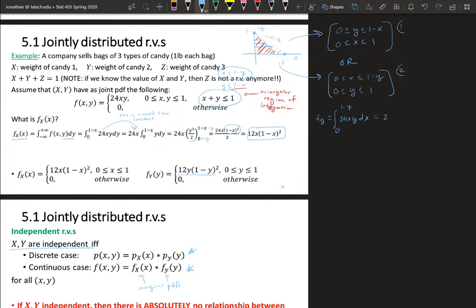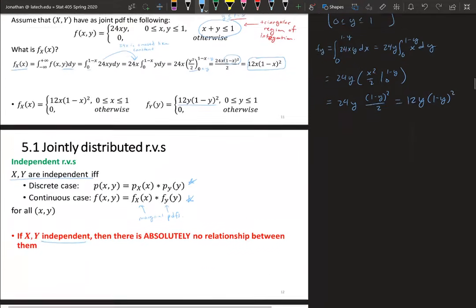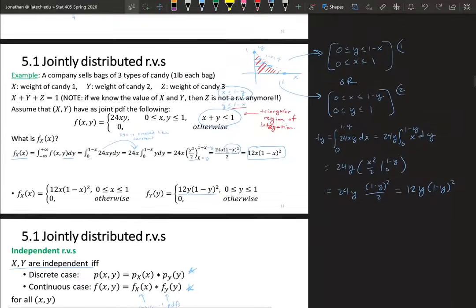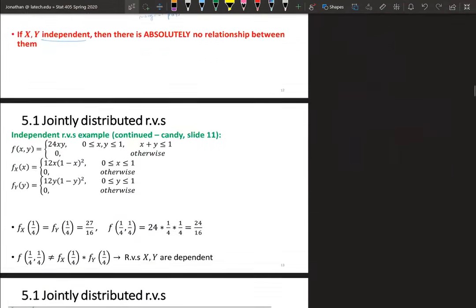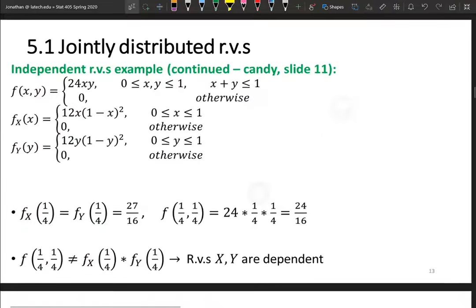And that'll be 24y times the integral from 0 to 1 minus y of x dx, which will be 24y times x squared over 2 from 0 to 1 minus y. And you see 24y times 1 minus y squared all over 2, which is the same as 12y(1 minus y) squared. So that's the computation for f sub y. It was just bugging me too much not to do it. So now I can continue.